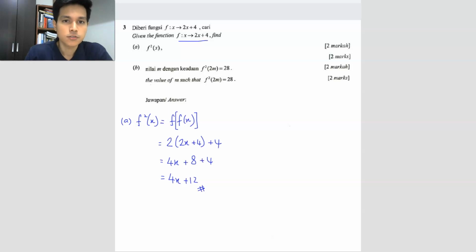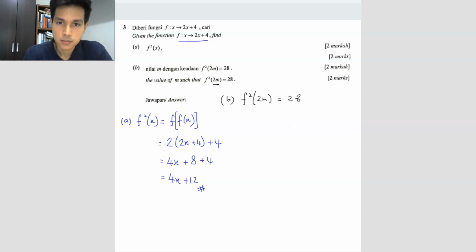Okay, question B. Now the question is saying that f squared of 2m. So now the value of x here is 2m. So when the object is 2m, you get the image is 28. They ask you to find the value of m. So we're going to just substitute back into the formula. So f squared of 2m equals 28.